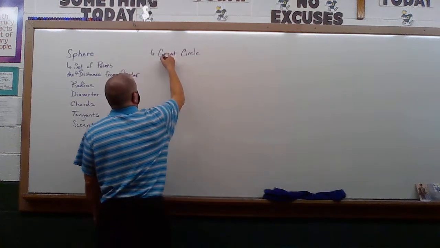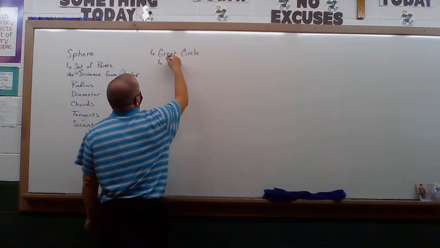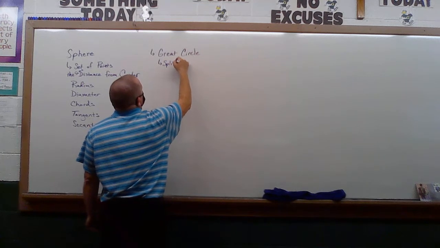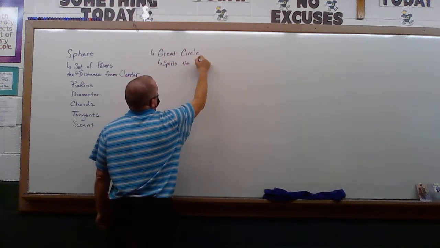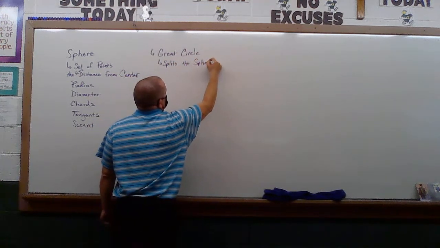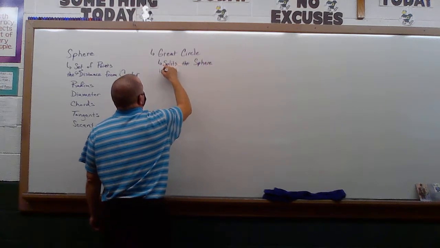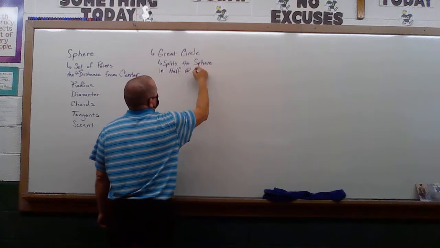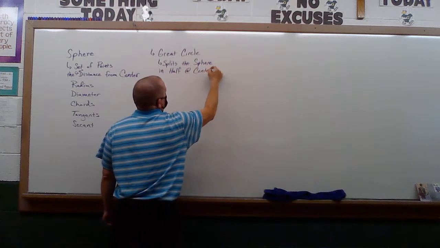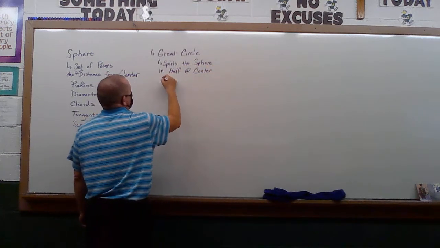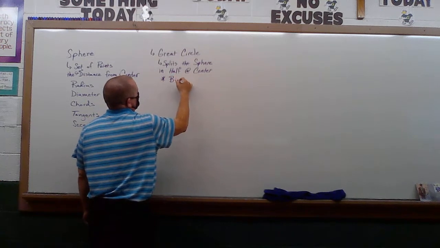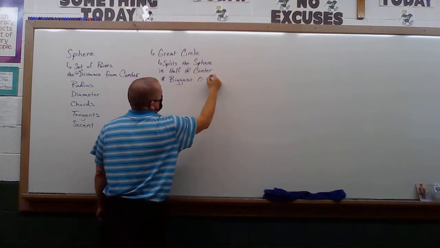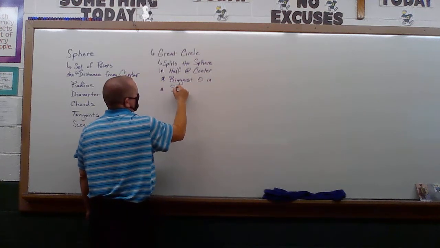So the great circle is splitting the sphere in half at the center. This is the biggest circle in a sphere.